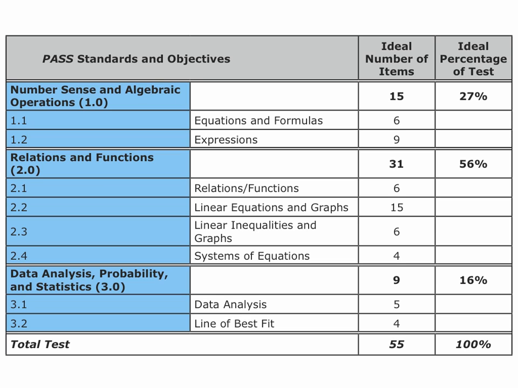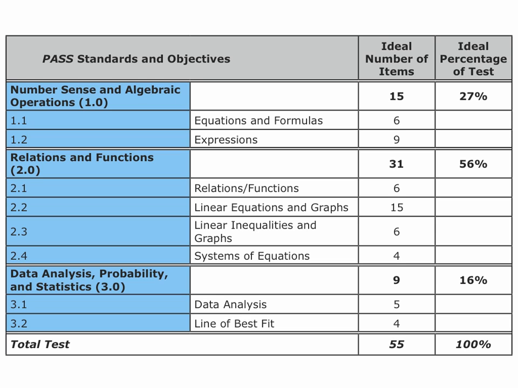So we have three standards in Algebra 1. We have number sense and algebraic operations, relations and functions, and data analysis, probability, and statistics. Underneath each standard, you'll notice like for number sense and algebraic operations, which would be standard 1, there's two breakdowns, 1-1 and 1-2.